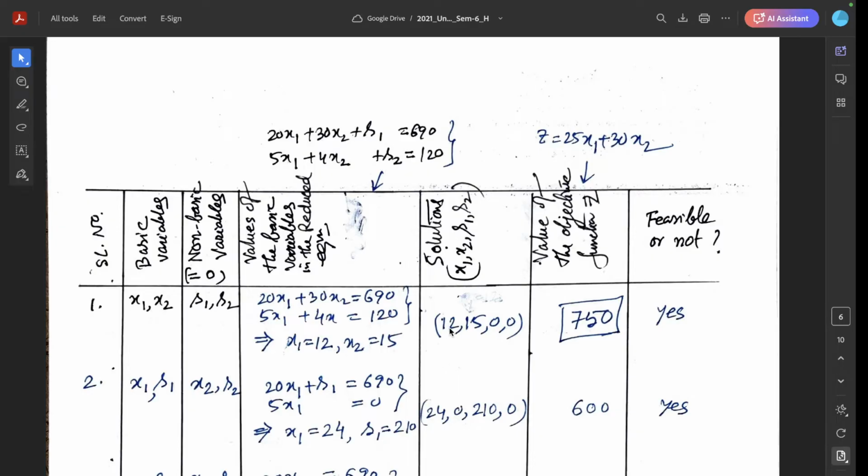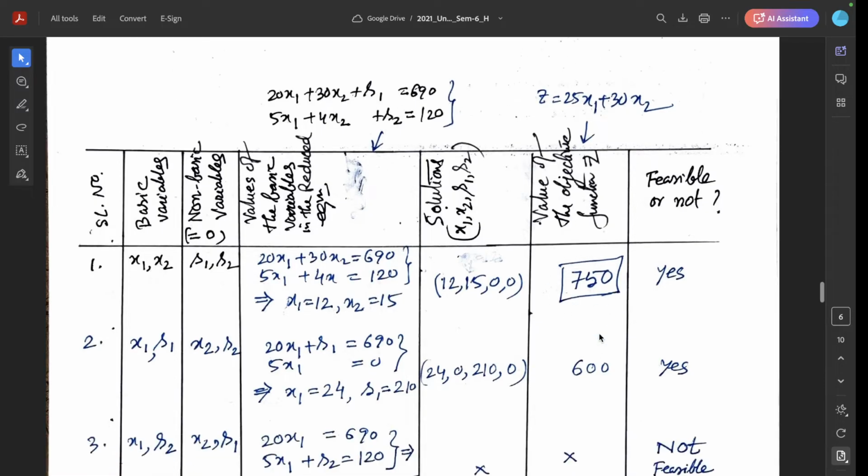So the required solution is x1 = 12, x2 = 15, s1 = 0, s2 = 0. Putting these values of x1 and x2 in the objective function 25x1 plus 30x2, we get the value of the objective function 750.